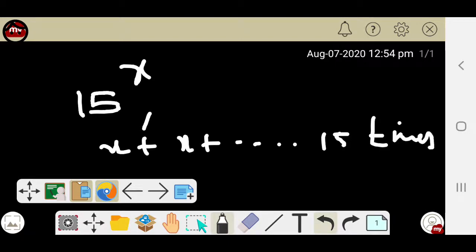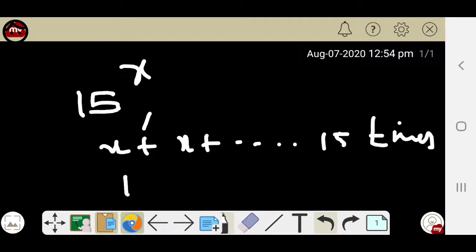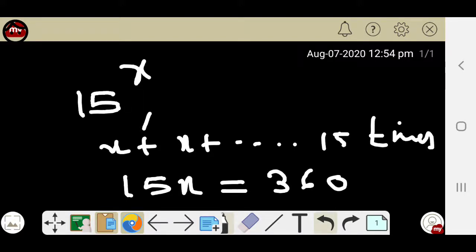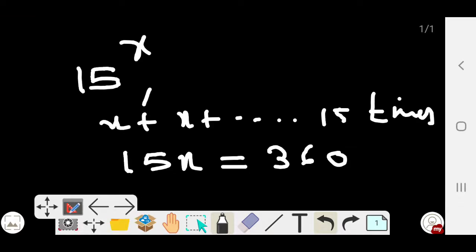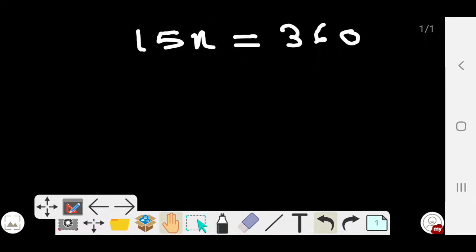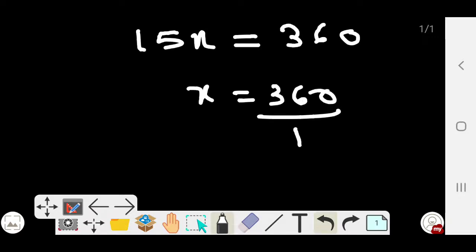You have to add x 15 times. That is the same as 15x. So 15x equals the total sum of exterior angles, 360. So 15x equal to 360. So x equal to 360 by 15. What is 360 by 15? That equals 24. Okay, so the measure of each angle equals 24. Then next question.